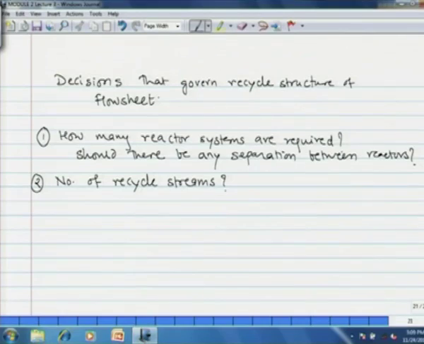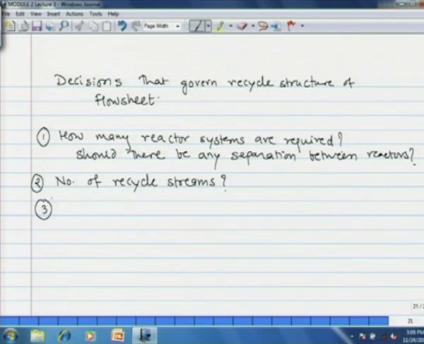And the thumb rule that we used for such a decision was that it is never beneficial to separate and remix two streams. So, we shall see a similar analysis in the case of the number of recycle streams.